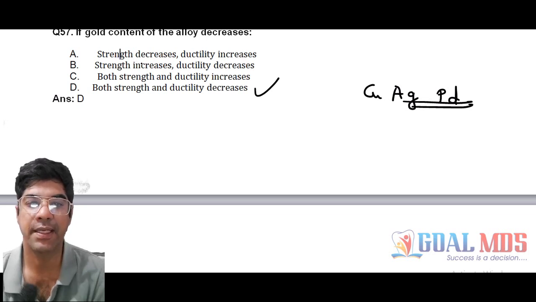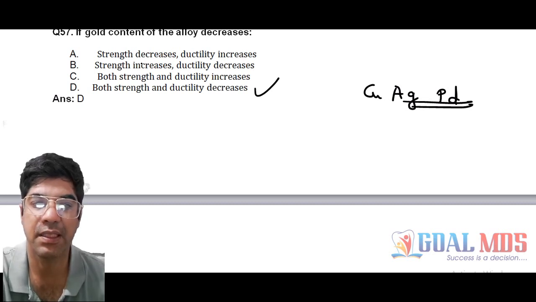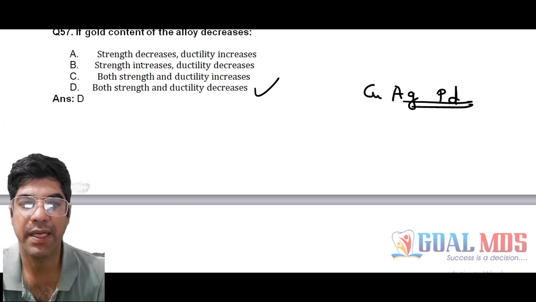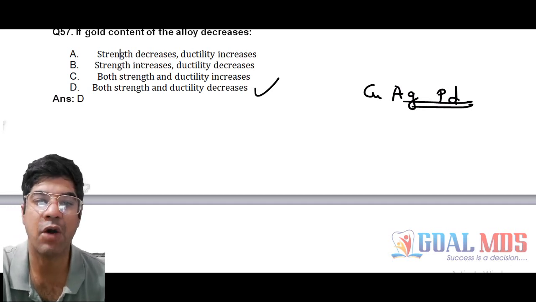On the other hand, ductility, which is the ability of material to deform plastically without fracturing, decreases. So gold is highly ductile. So as you reduce its content in alloy, the material becomes less capable of undergoing significant deformation without breaking.